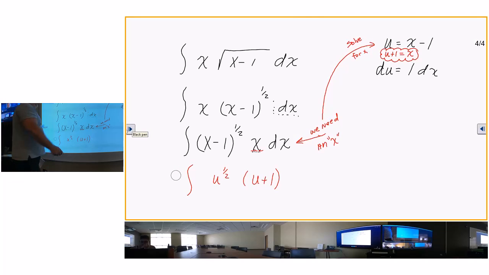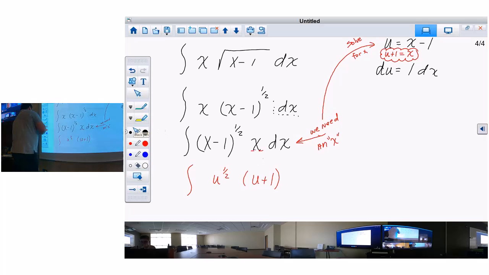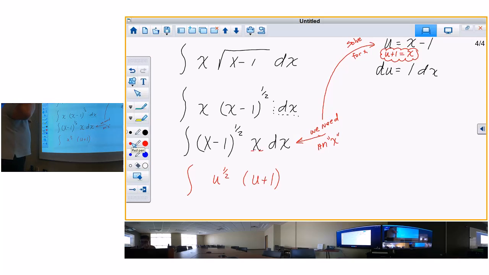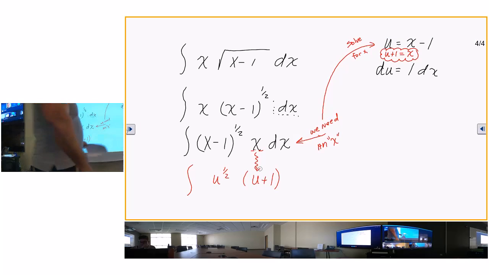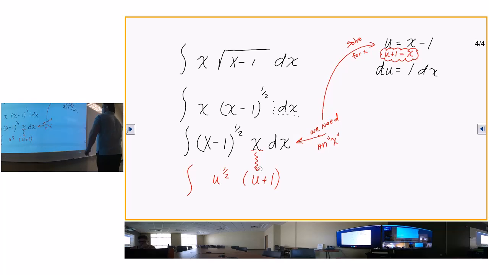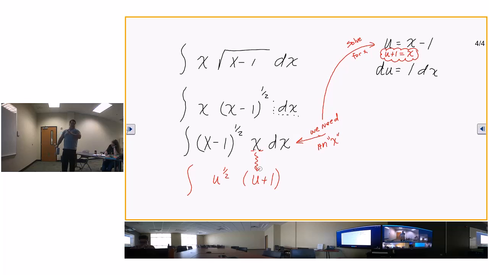Okay? What did we say x was equal to? I wish I could have this thing hooked up to my head to where it could read my mind on what to pick, I'd be a millionaire. Okay? X is equal to what? U plus 1. So since I could not manipulate the problem to give me x dx, I solved for x and put in u plus 1.